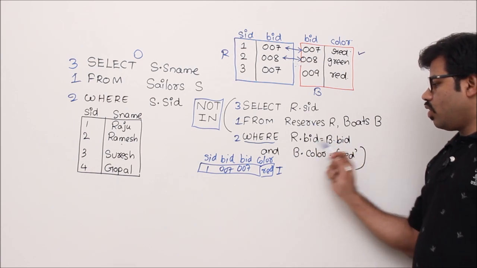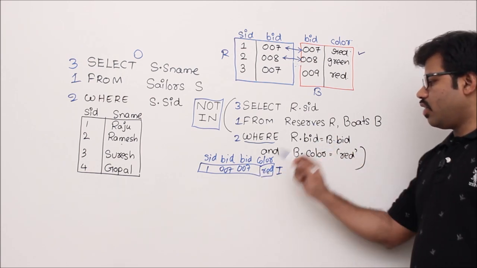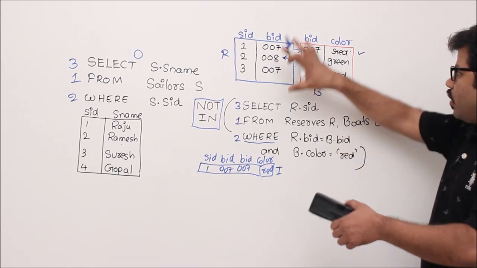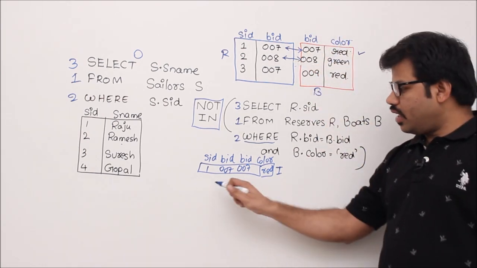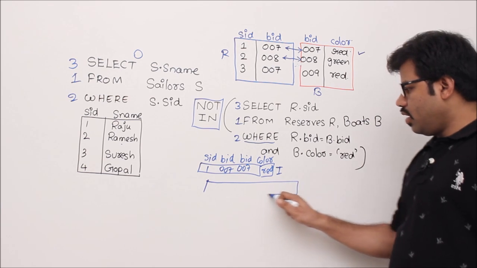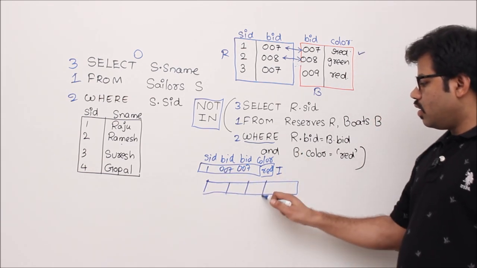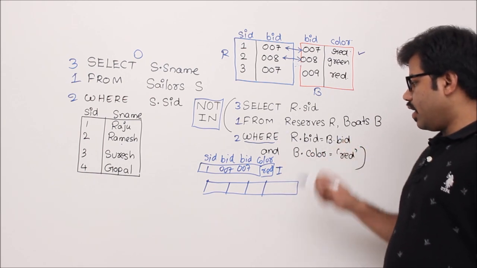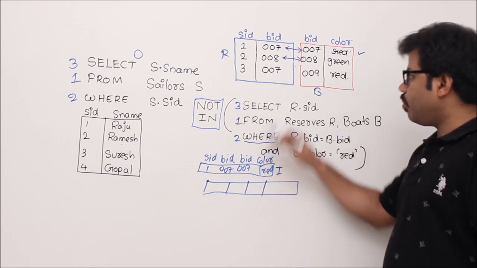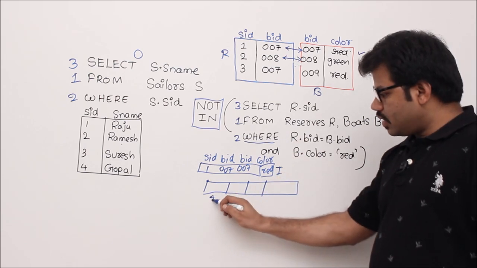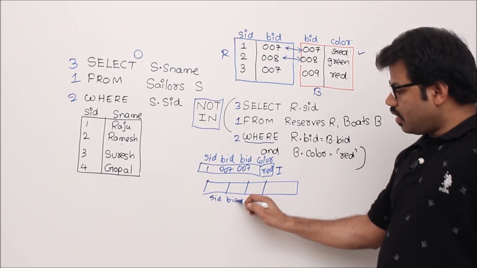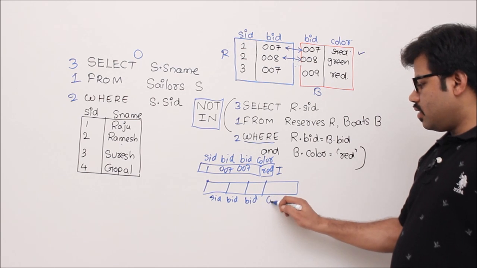Finally, r.bid equal to b.bid and b.color equal to red. Rather than doing this, directly I can take an empty tuple and blindly fill in the values which satisfy the where condition. For example, any random tuple in R cross B will have SID and BID and BID and color, isn't it?